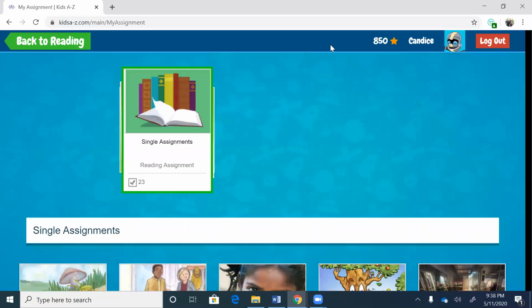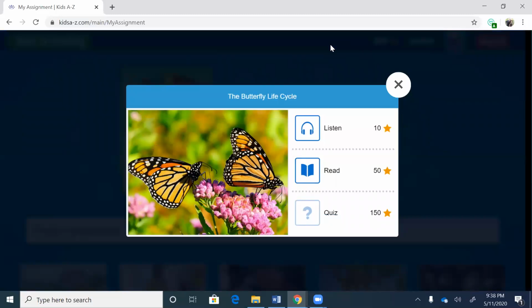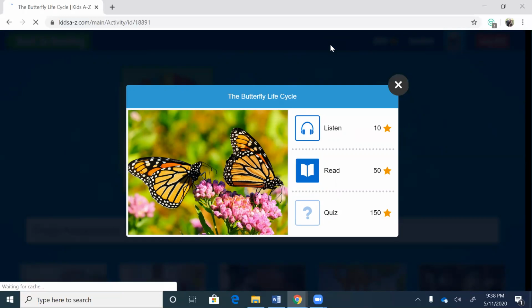So our learning target for today is going to be to understand the life cycle of a butterfly. And we're also going to look at the text features of a nonfiction text.